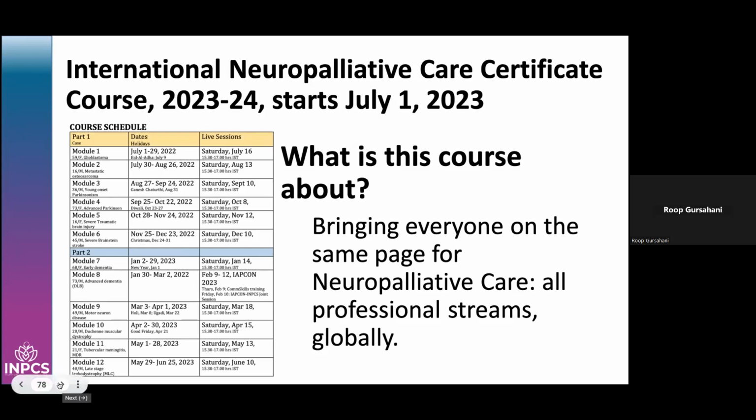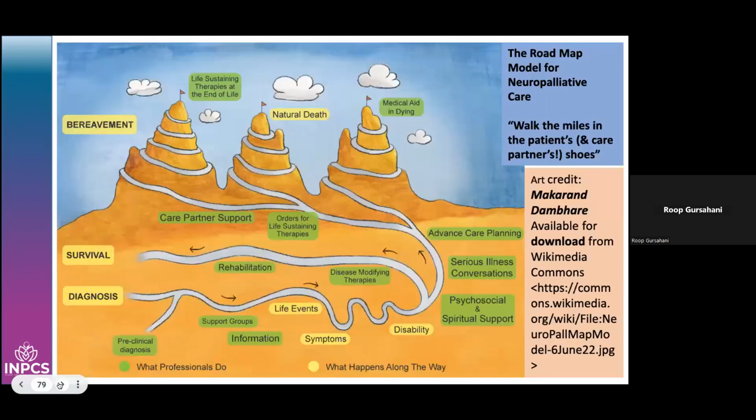So I'm sorry, there'll be a little bit of repetition. But I'm again bringing this slide up to tell you that these skills are applicable from diagnosis until death, and it is up to us to apply these skills.